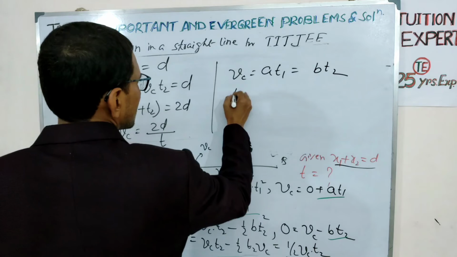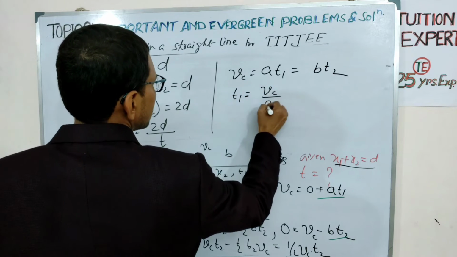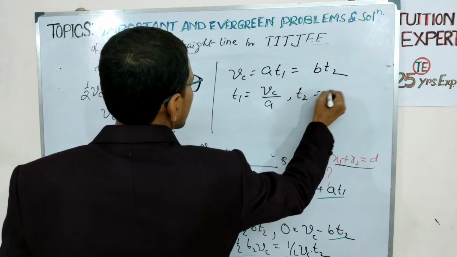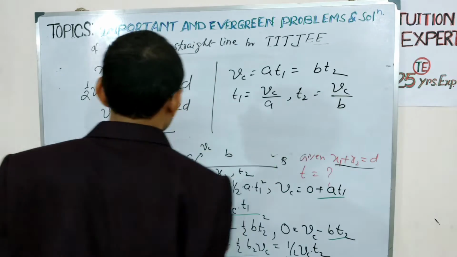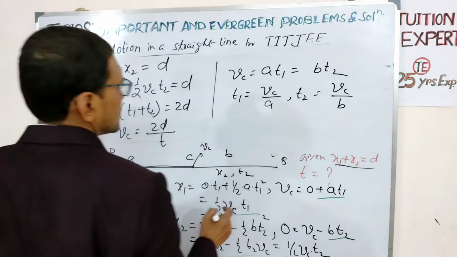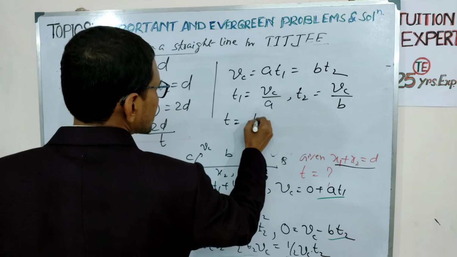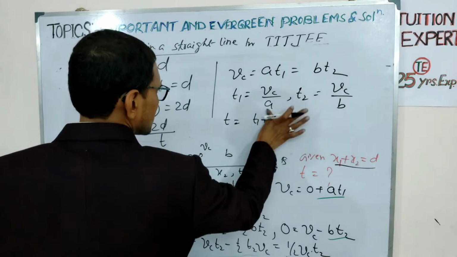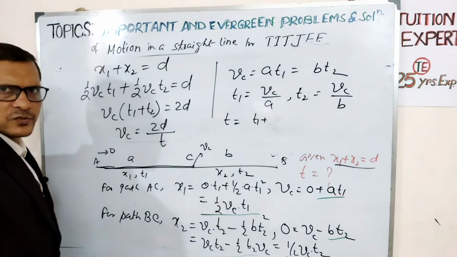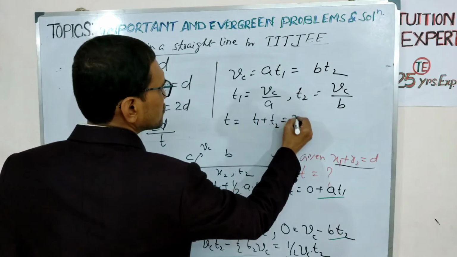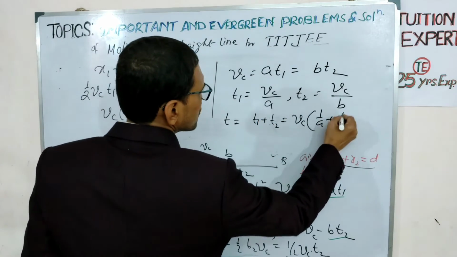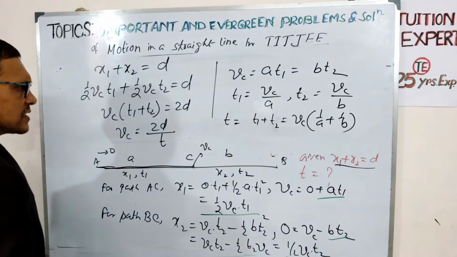Now t1 equals vc by a, and t2 equals vc by b. So the total time taken t equals t1 plus t2, which equals vc times 1 by a plus 1 by b. Now what is vc?